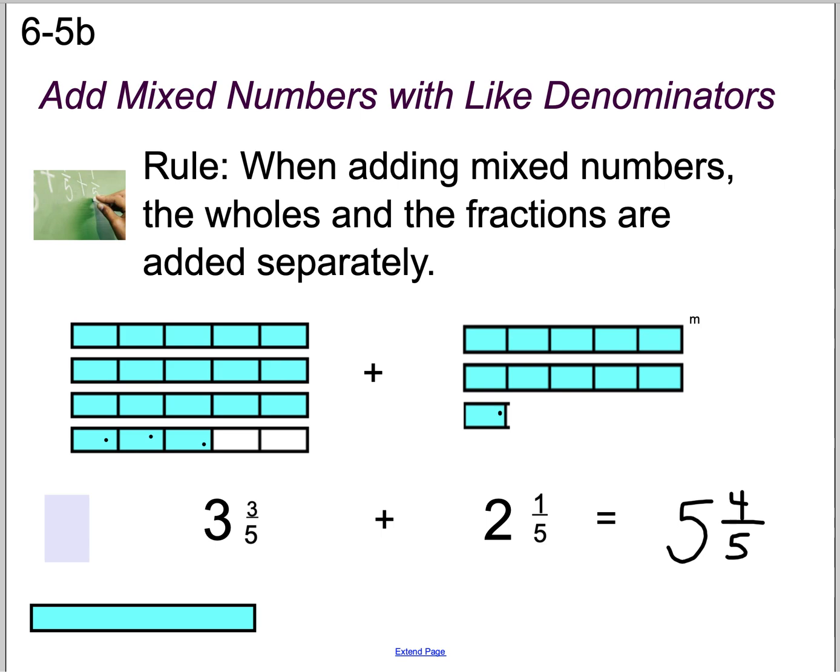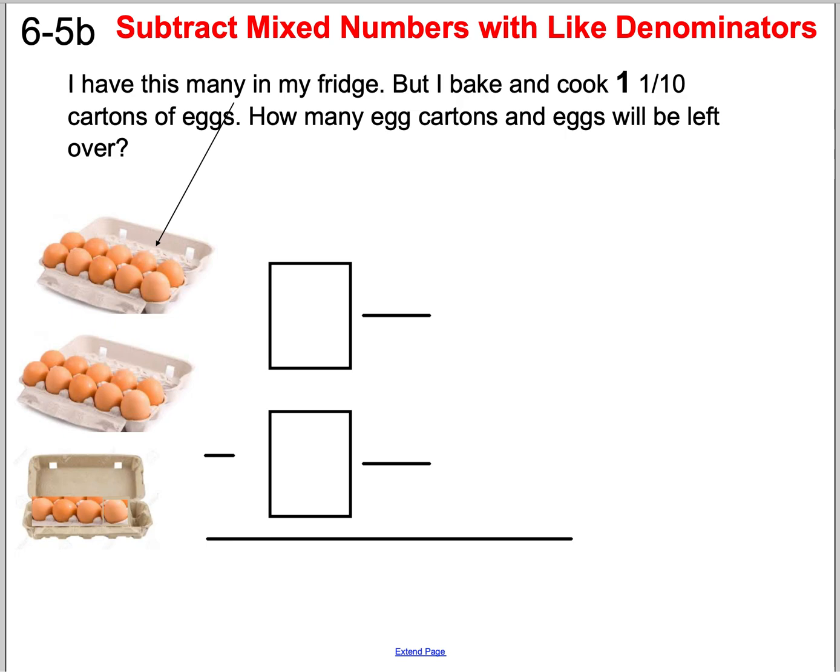In subtraction, it can get a little dicey at times, but for today, we're going to try this one. I have this many cartons of eggs in my fridge, but I'm going to bake and cook with 1 1/10 cartons of eggs. How many egg cartons and eggs will be left over after I cook? What's my mixed number?